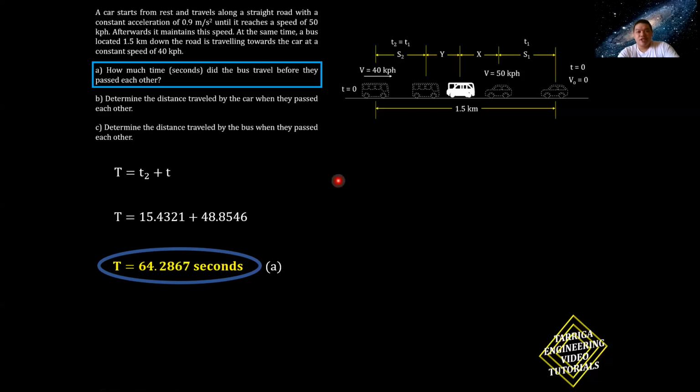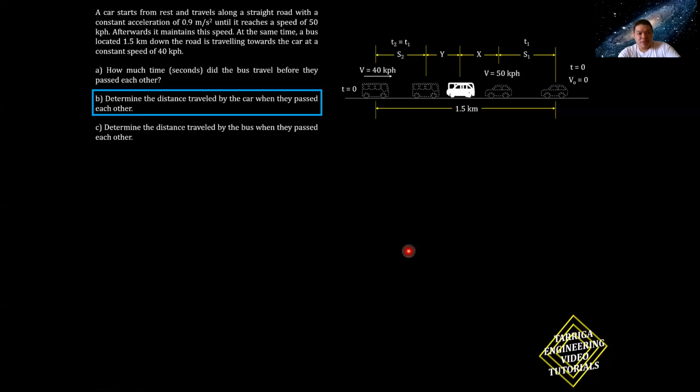All right, so I guess let's move to part B. Sa part B naman, determine the distance traveled by the car when they pass each other. Okay, so syempre, kapag sinabing when they pass each other, that is the distance traveled before they pass each other.